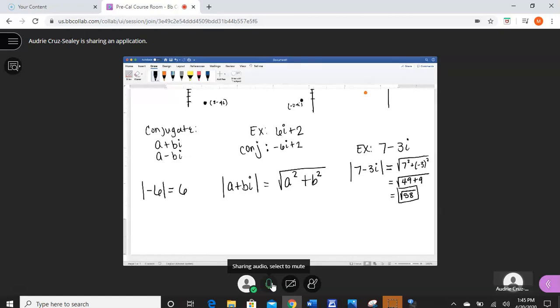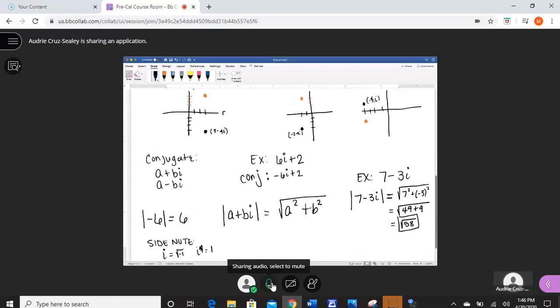Because remember, imaginary values, here's a side note in case you forgot: i is equal to the square root of -1. i squared is equal to -1. i to the 4th is equal to 1. So by you squaring it, you're taking it out of the imaginary plane. Does that make sense? Because you're trying to make this a positive value. So you're taking it out of the imaginary plane, and all you're doing is finding its length.